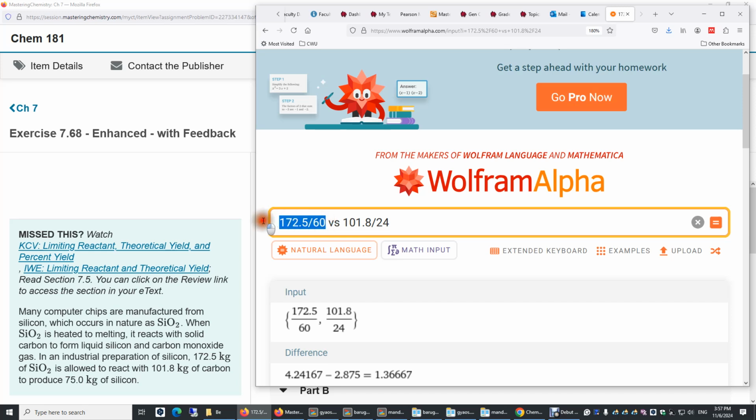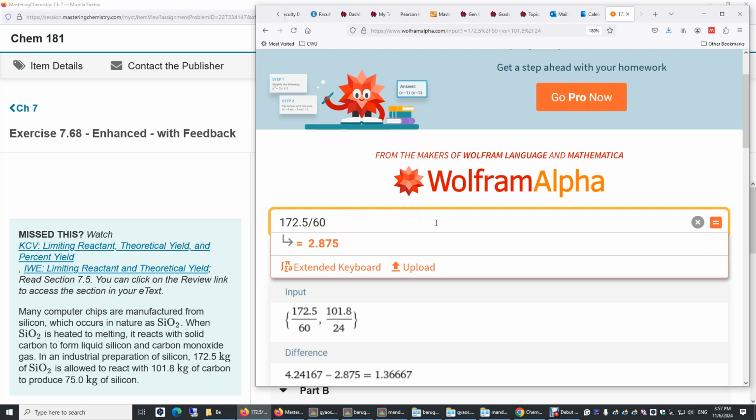But anyway, you can tell this number is less than 3 for sure, because 180 over 60 is 3, and this is smaller than 180. And this number is definitely greater than 4, because 24 times 4 is 96. So this is smaller than 3, this is larger than 4, then the limiting reactant is this one.